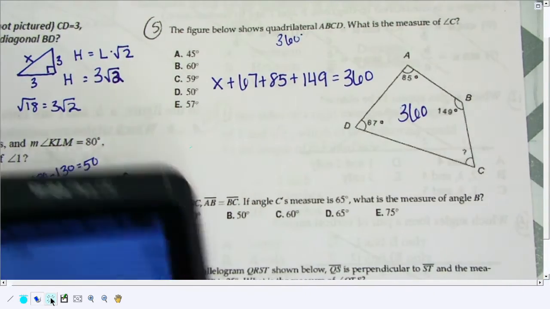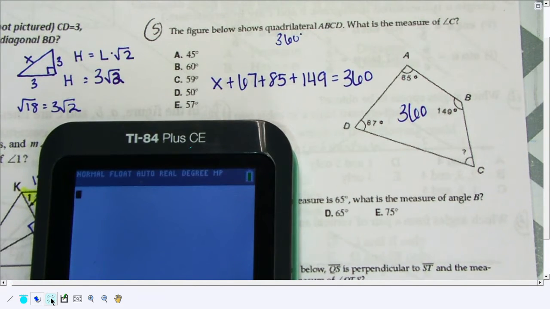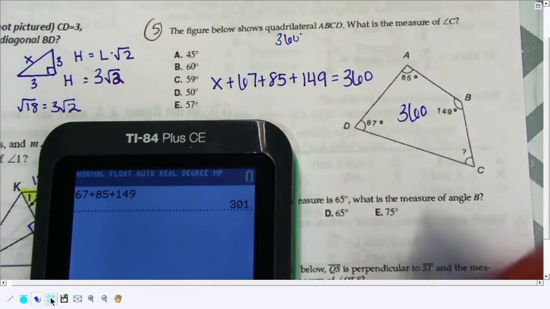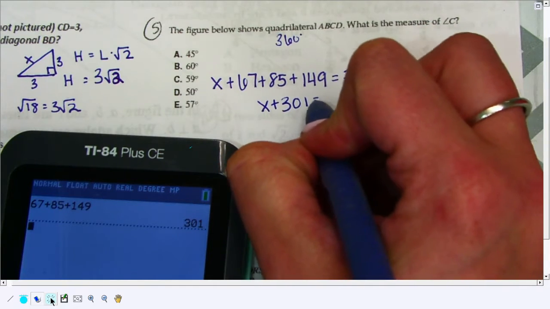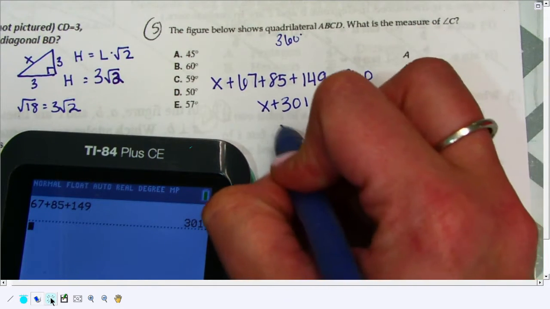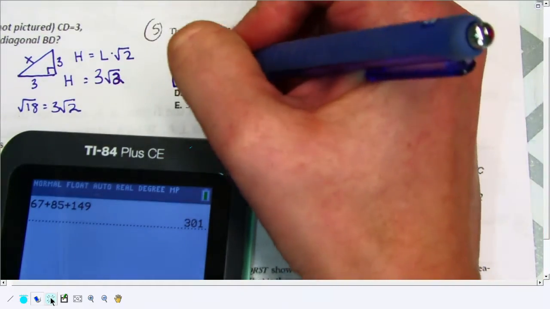So when I add all those together, 67 plus 85 plus 149 is 301. So I get X plus 301 equals 360. Subtract 301, X is going to be 59, which is answer choice C.